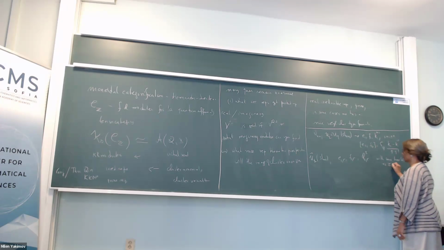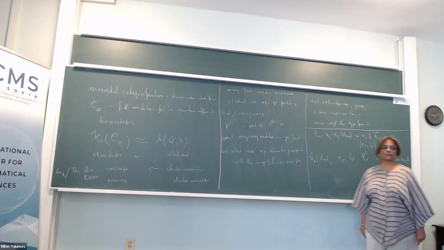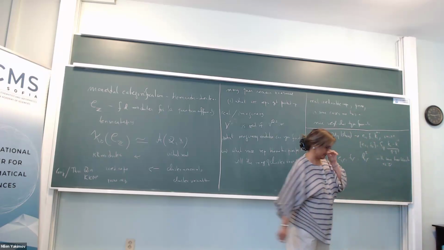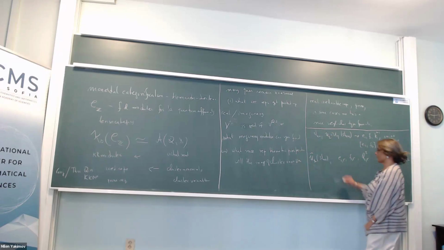Yeah, so this is not the affine one, this is the loop algebra, because all finite dimensional representations factor through it. So this is the affine modulo the center.